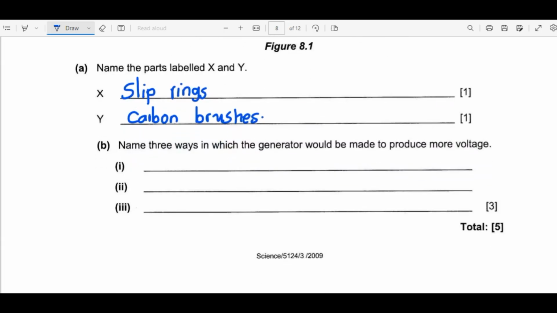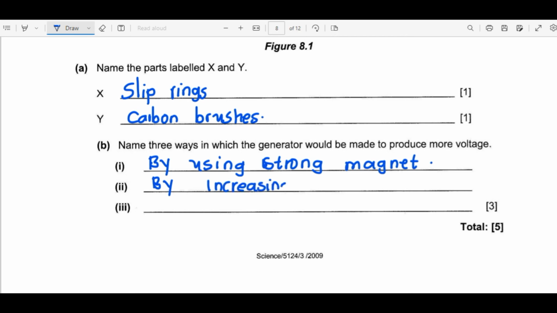Name 3 ways in which the generator could be made to produce more voltage. The first one, by using strong magnets. The second one, by increasing the number of turns, because we have a coil inside.